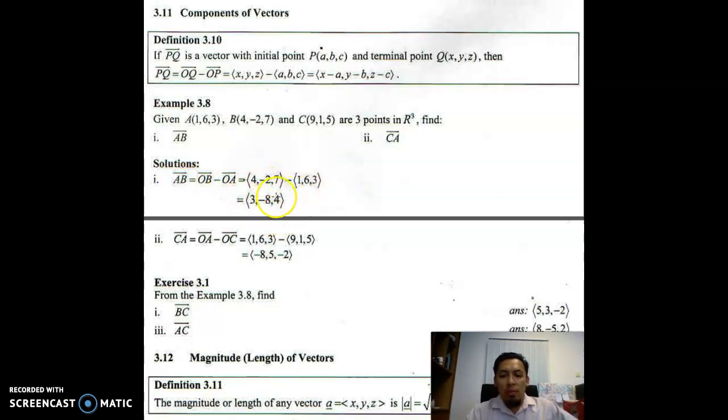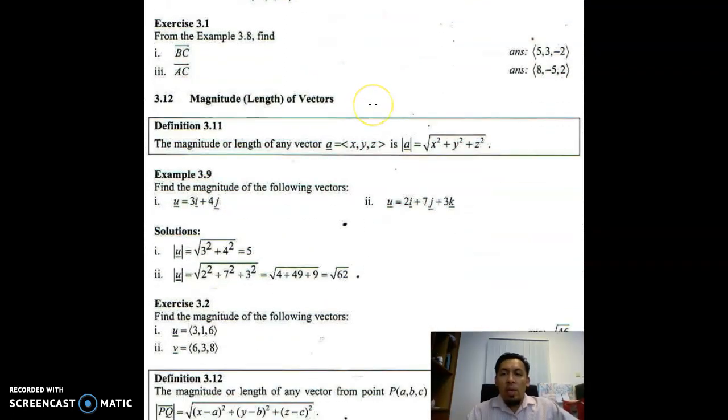This will be the vector, right? As for CA, to get the difference, of course, A minus C, right? So you get this difference, and that becomes the vector of CA, right? So that is how to find the component of a vector.